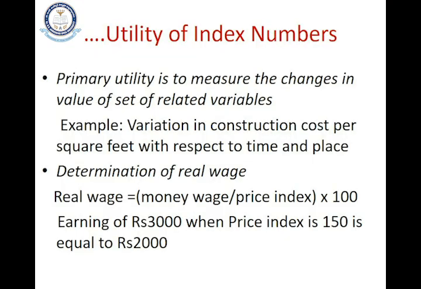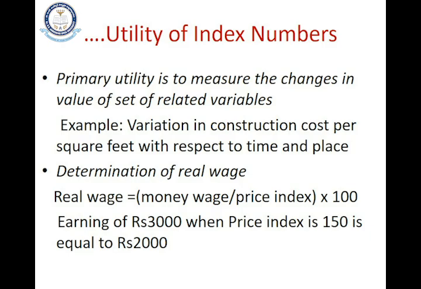Next, coming to another important utility of the index number: the prime utility, which we already studied, is to measure changes in the value of a set of related variables. I gave the example of construction cost, which is a set of variables, and a single variable, that is gold price, and another set of variables example, the cost of living index.